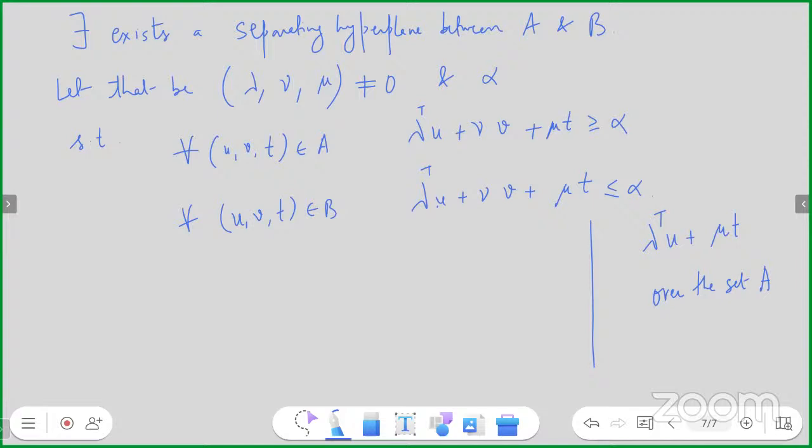Where will this go? I know that this is above alpha, or fixed alpha, for all possible values. Then this is non-reducible.